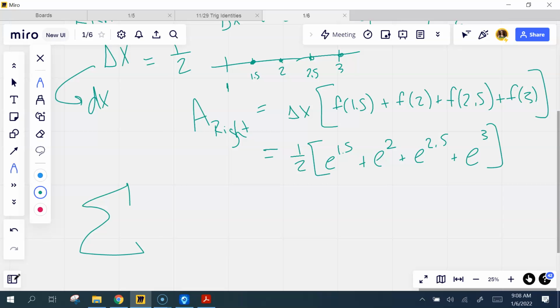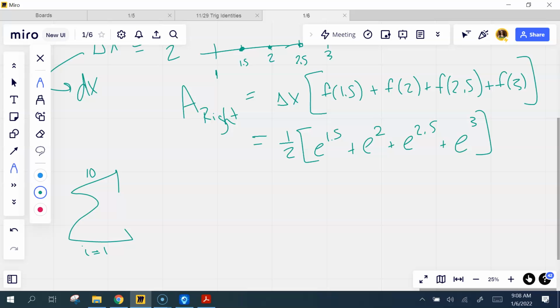It means sum. And it'll tell us where to start at the bottom, maybe i equals 1, whatever it is, and it'll tell us a value to go up to here. Let's just say it's 10, okay? And then we'll have an equation here. So maybe, and this has nothing to do with this example, this is just a side note, maybe this was 2i.